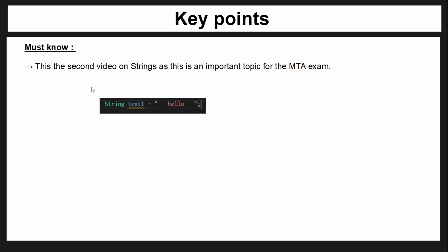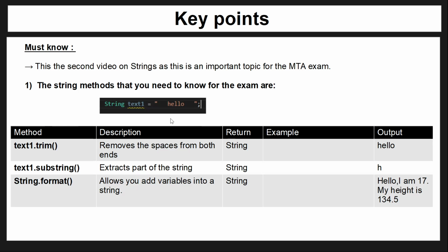We're going to start off with a string variable, so we know the data type is a string, and this variable has a bunch of white space, or spaces, in the front and in the back. We're going to be talking about methods that we can then use to manipulate this data type. The ones that we're going to be talking about in this video are trim, substring, and format.